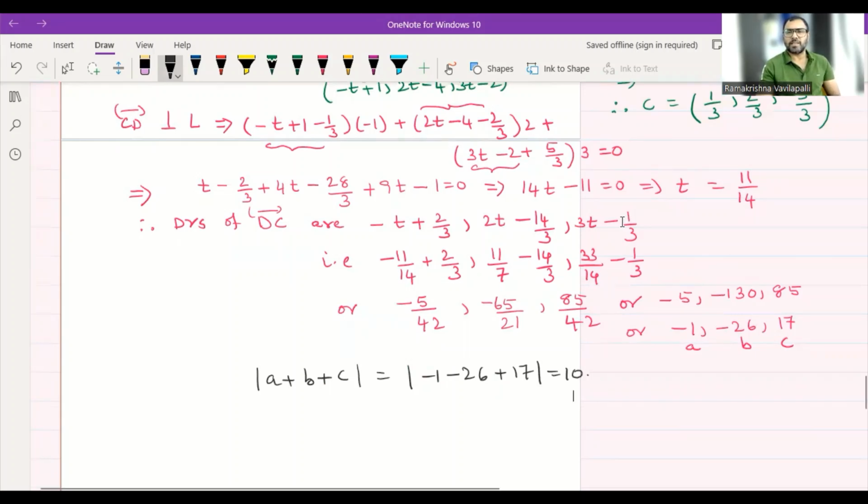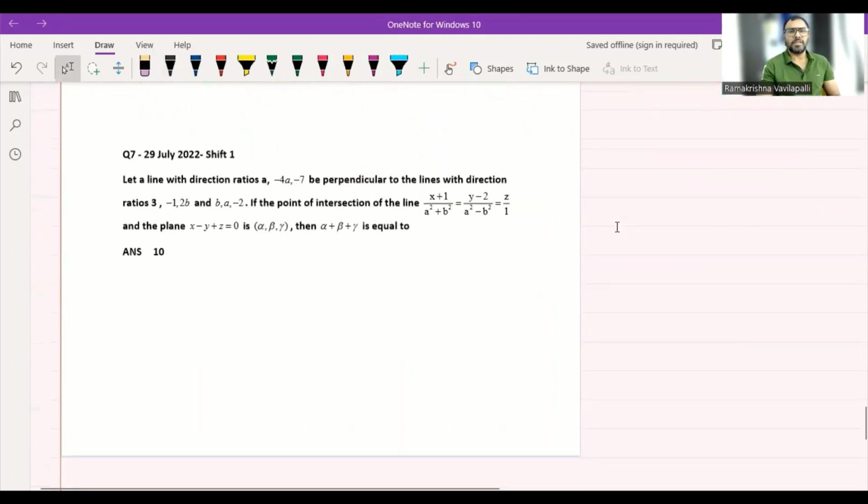Well, there is another question. Here you see a line L with DRS. They have given it a little clumsy. It is perpendicular to the lines whose DRS are given.